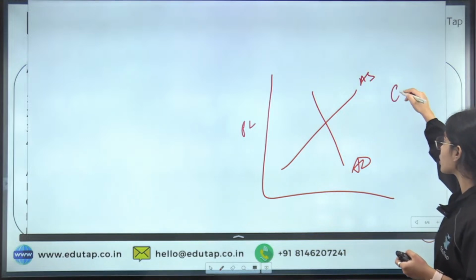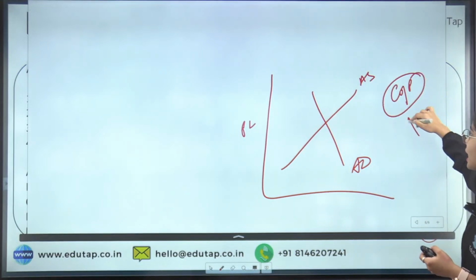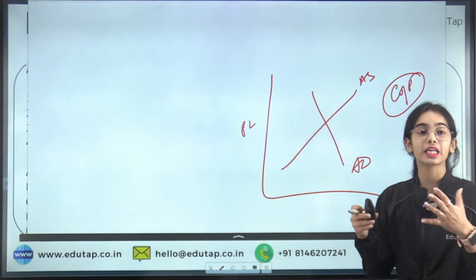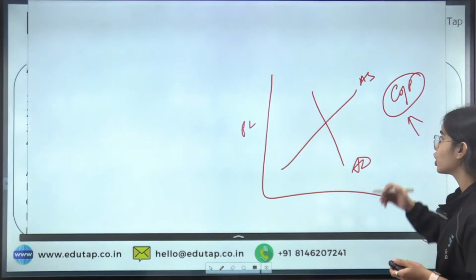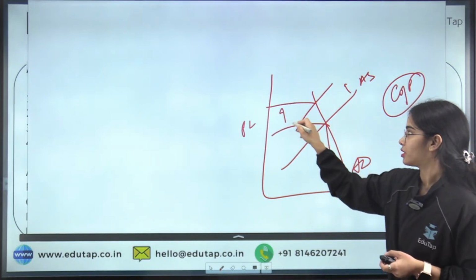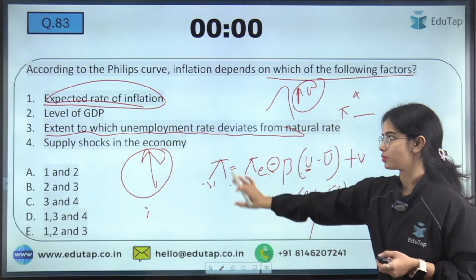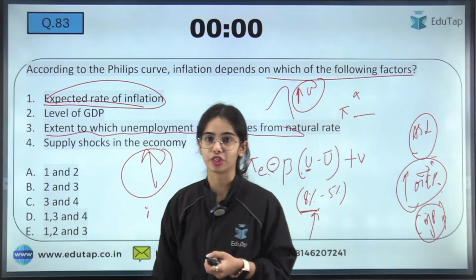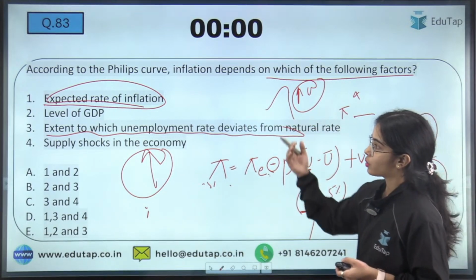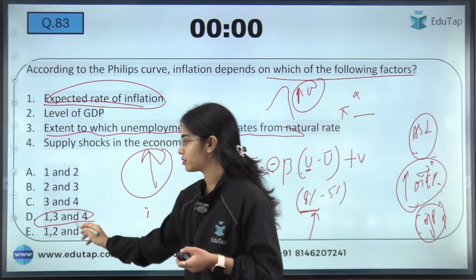If the cost of production is increasing, like if the raw material prices are increasing, aggregate supply will decrease and the price level increases, as you can see. So this is the scenario. These are the causes of inflation. So 1, 3 and 4 is the answer here.